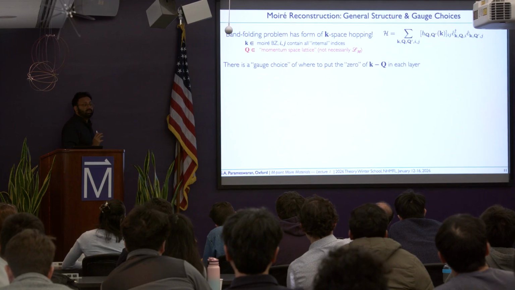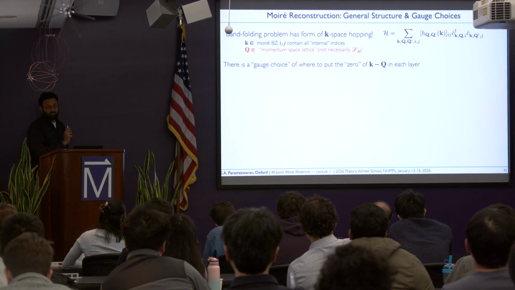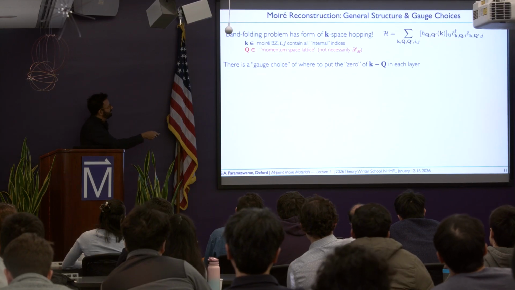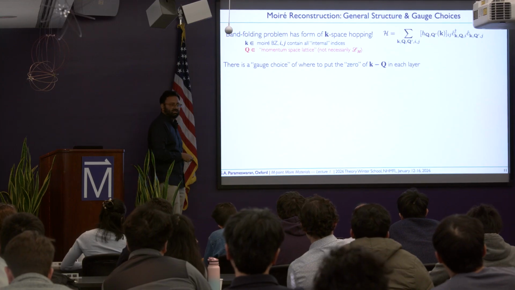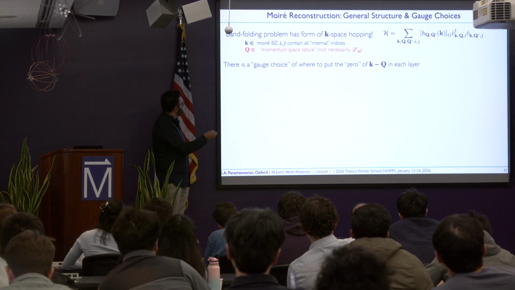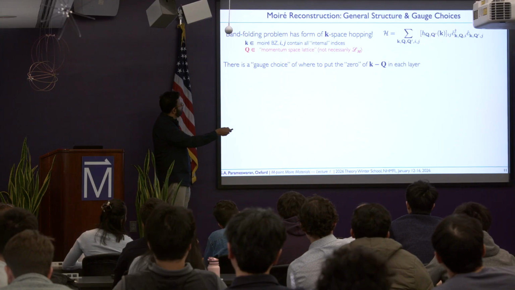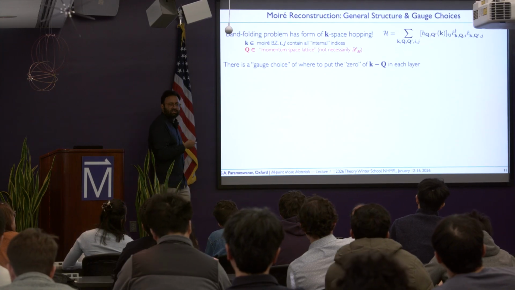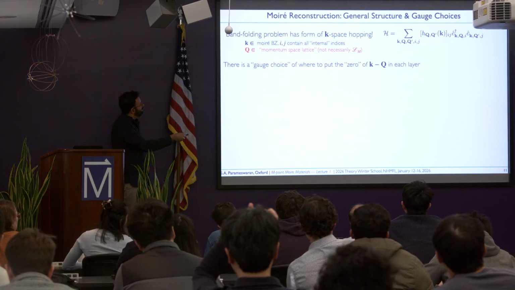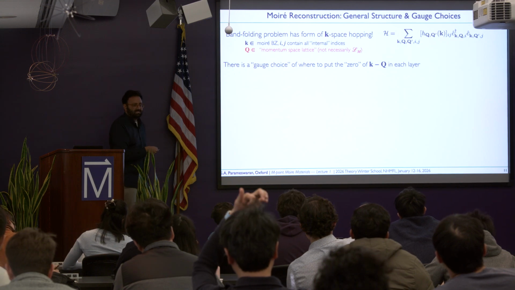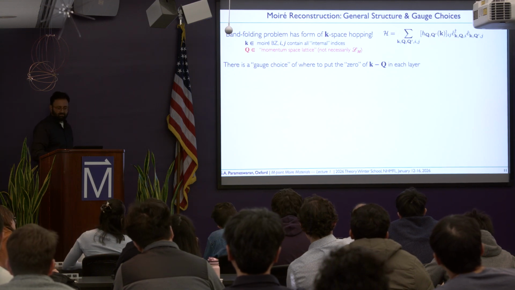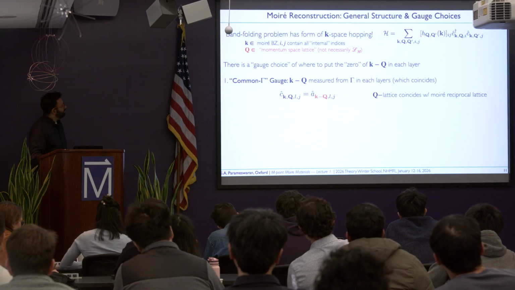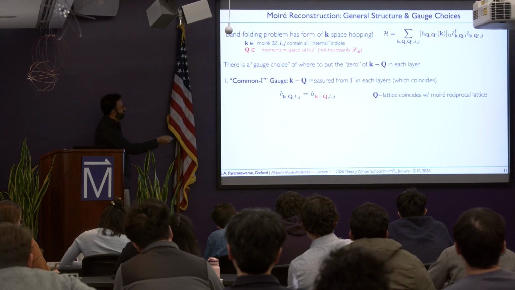If I was just doing reconstruction in a single band problem, then these Q's would be the same as the G's I wrote on the previous page, the reciprocal lattice. But it turns out that a very useful way to think about different problems, originally pointed out by Bistritzer and MacDonald, is to think of this momentum space lattice as being a little bit more general than just a reciprocal lattice. And the reason for that is, in some sense, there are two gauge choices of this problem.